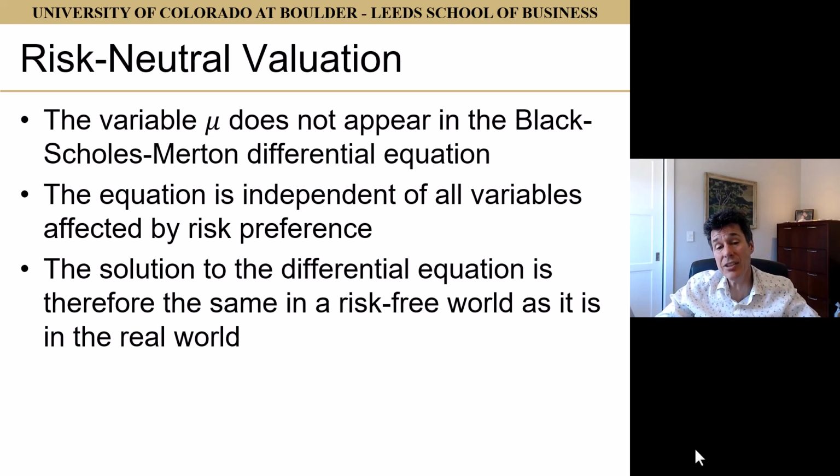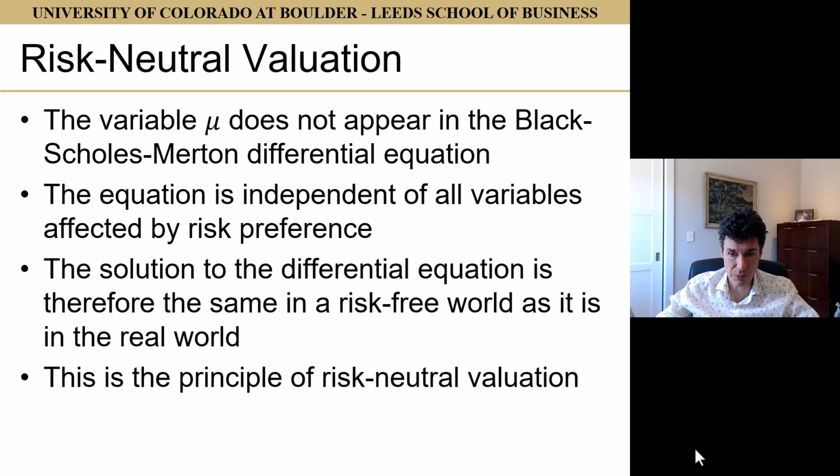So it doesn't matter what we think the stock is going to do, is the key here. In fact, one way of looking at this is we get to assume that the stock returns are the same in the risk-free world, so there's no risk, as they are in the real world. So this is called risk-neutral valuation.